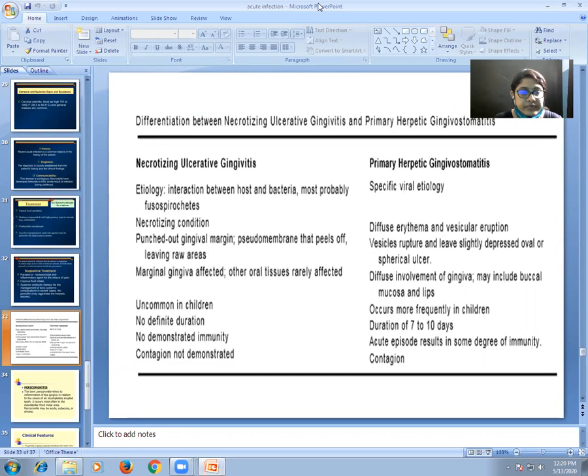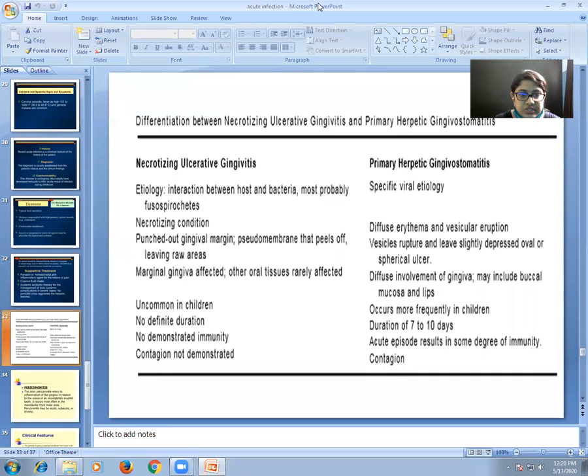There is no definite duration for necrotizing ulcerative gingivitis, while for primary herpetic gingival stomatitis the course is 7 to 10 days. There is no demonstrated immunity for necrotizing ulcerative gingivitis, while acute episodes result in some degree of immunity for primary herpetic gingivitis.